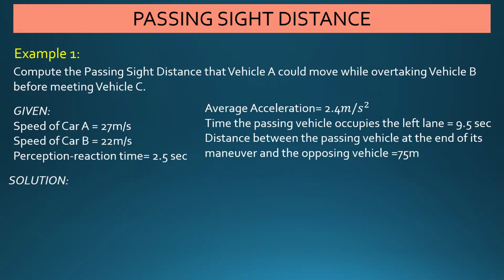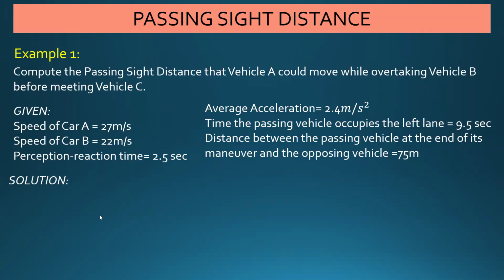Okay, so let's continue in our passing sight distance. Let's have our example. Compute the passing sight distance that vehicle A could move while overtaking vehicle B before meeting vehicle C. The speed of car A is 27 meters per second.